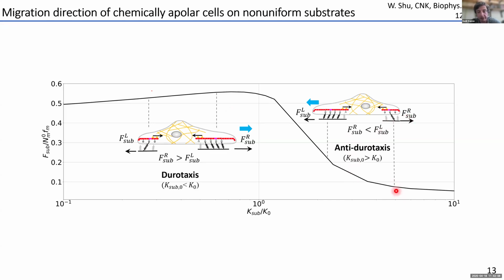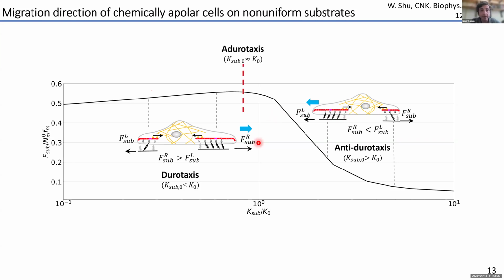But then at the stiff regime, you will have the rear of the cell acquire a relatively low substrate traction with respect to the front, where the traction forces are higher. So that essentially pulls the cell towards the optimal stiffness again.